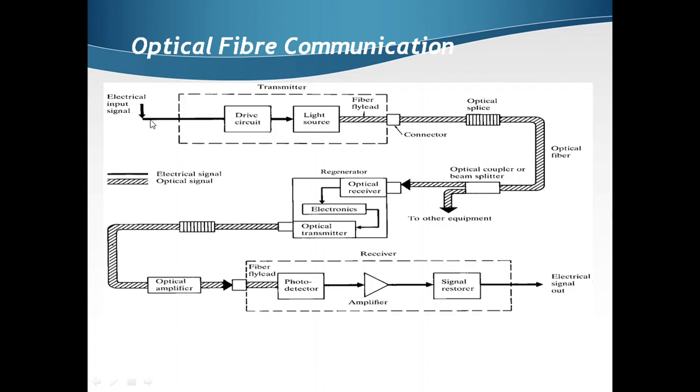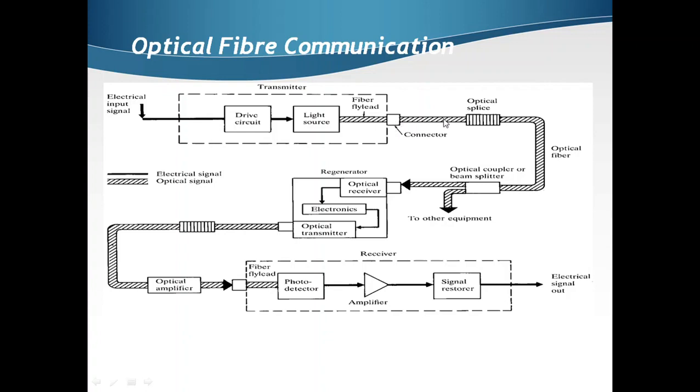The electrical signal is given as input to the transmitter, and the light source then converts it into high frequency electromagnetic waves. Then this electromagnetic wave is given to the optical fiber cable using the connector. This connector is connected between the transmitter and the optical fiber cable.